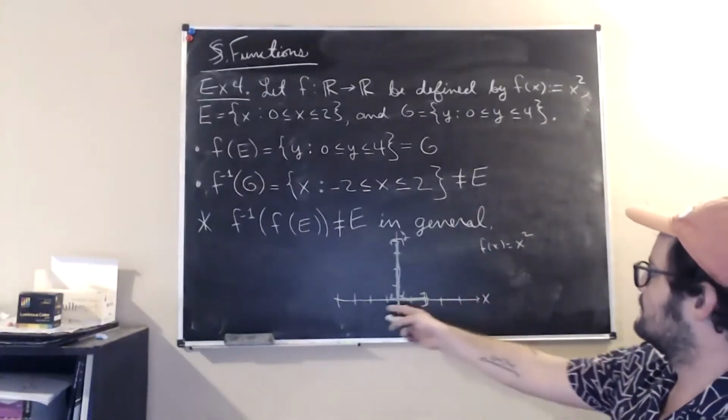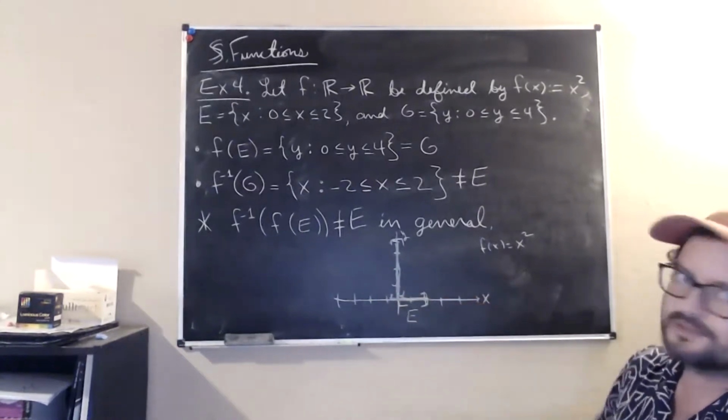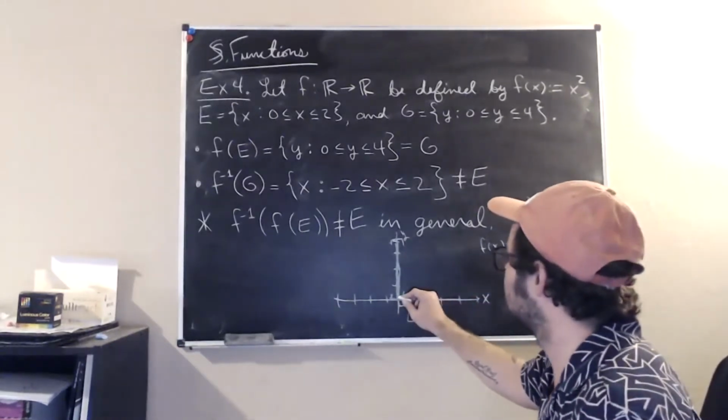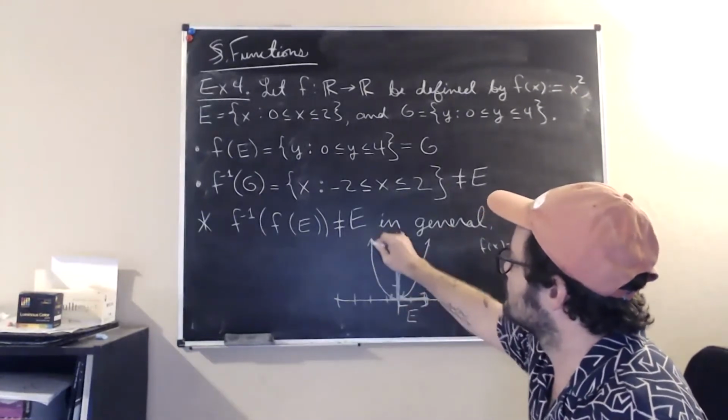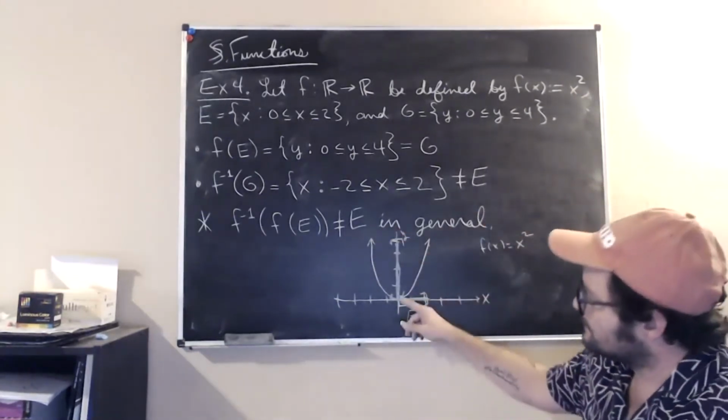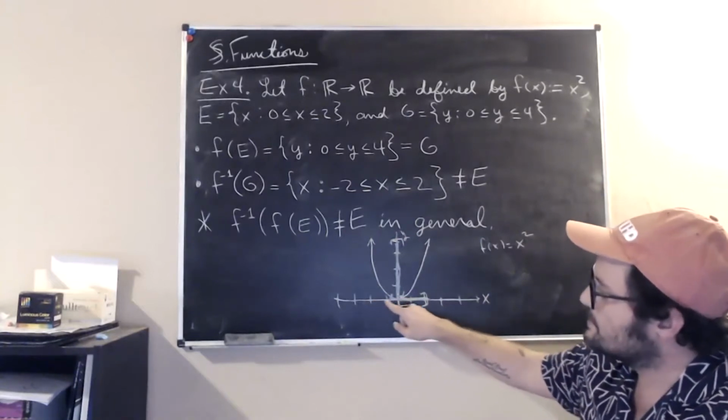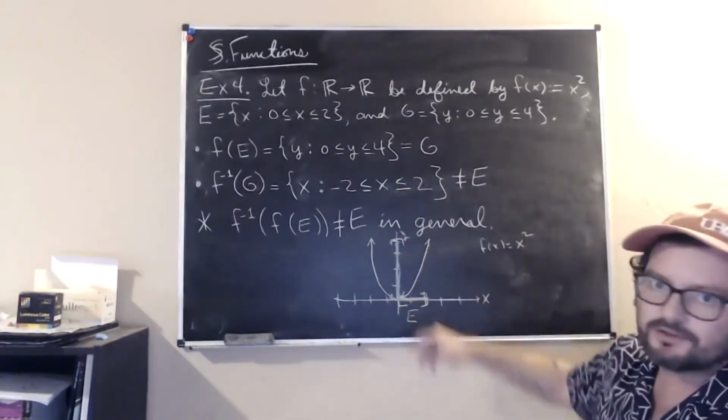For what values of x, if we square them, are in this interval? Well, values here also get mapped to values in there.